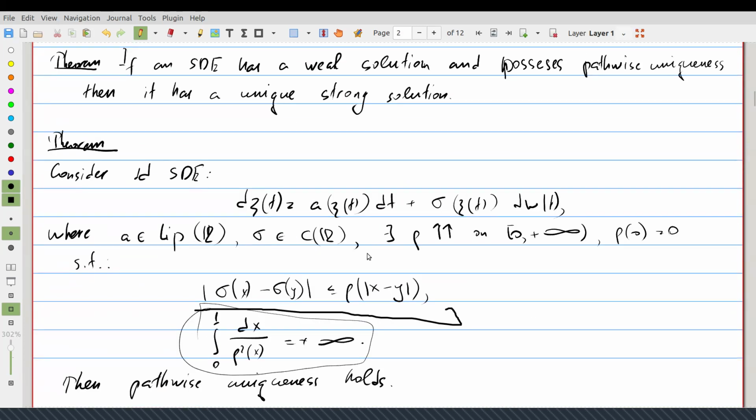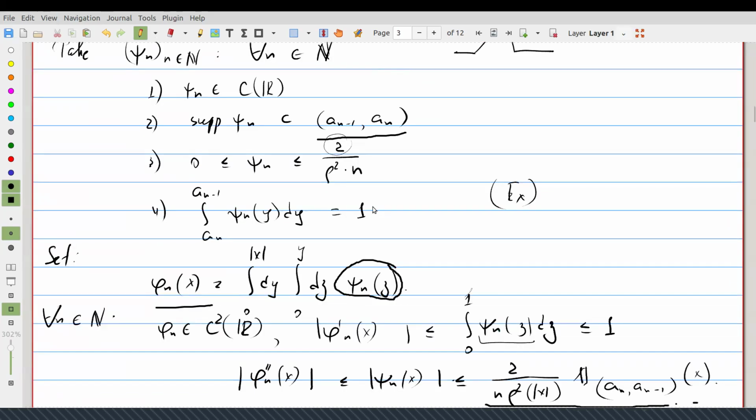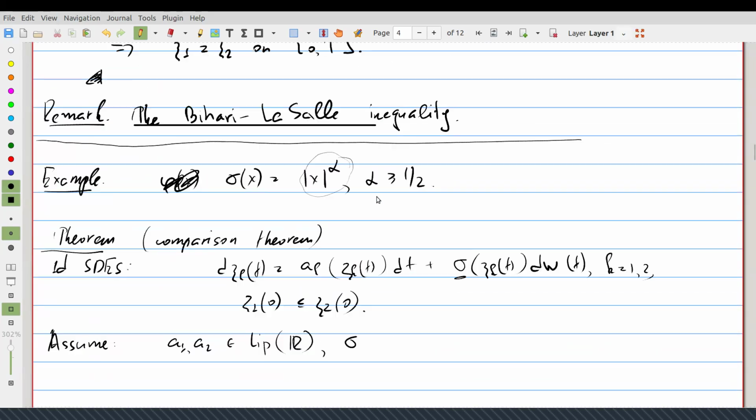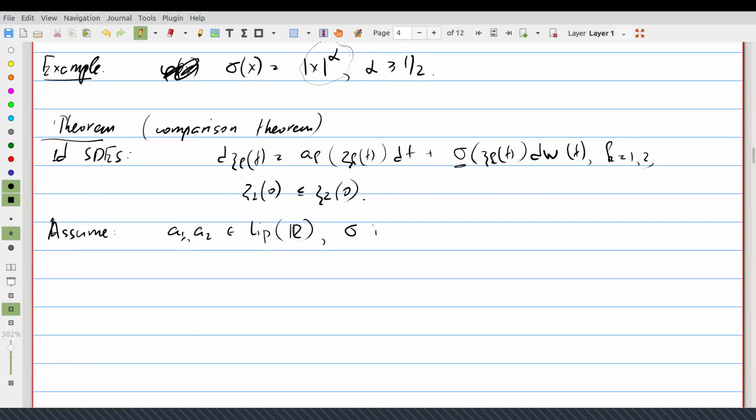So it's continuous, there exists rho such that this holds, and this function rho is such that this integral diverges, as in the previous theorem. Then, if a1 as a function is less than a2, psi1 is less than psi2.